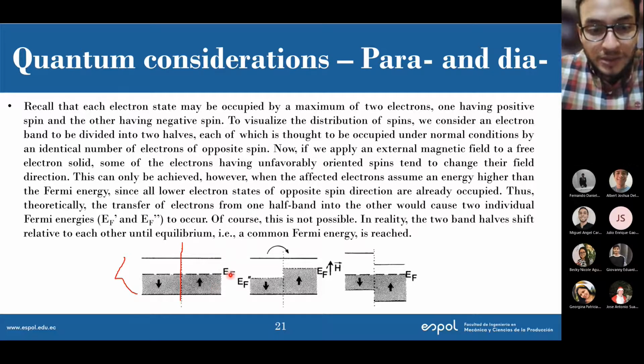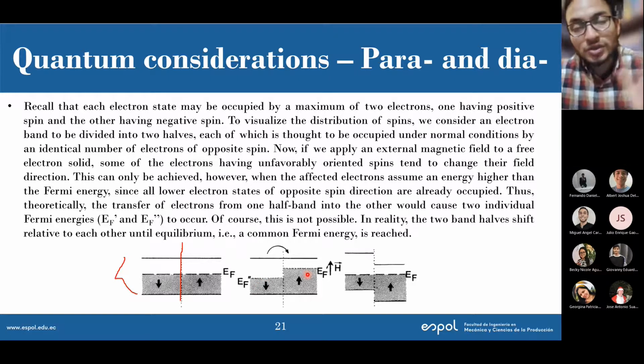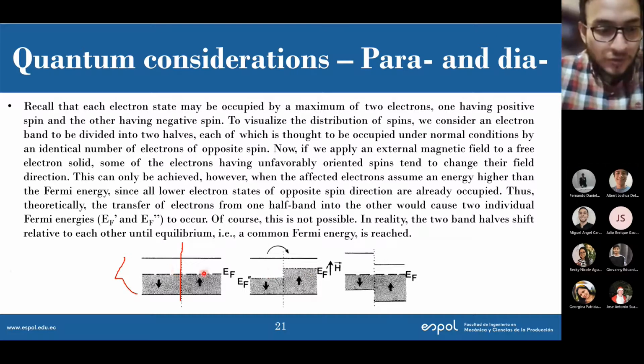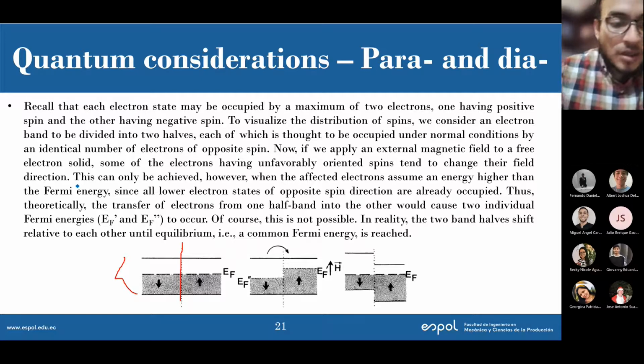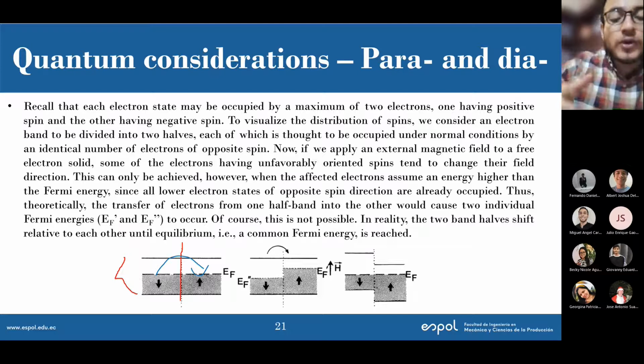So what I mean is, okay, so if my Fermi energy is here, right? And I want to change my spin, let's say from here to here, actually, this might be easier to understand. I want to turn from here to here, right? So, okay, I do it. I realign myself, I reorient myself, that's fine.